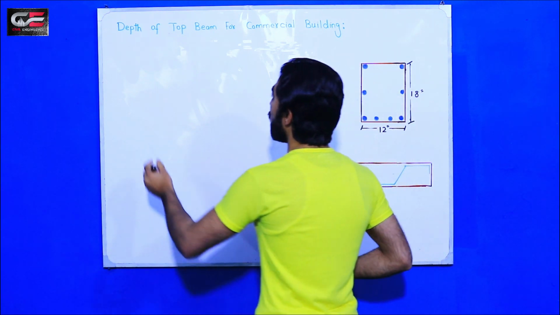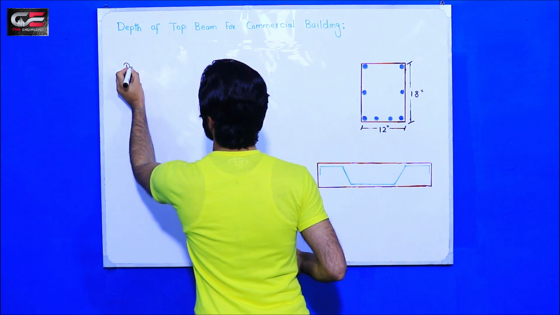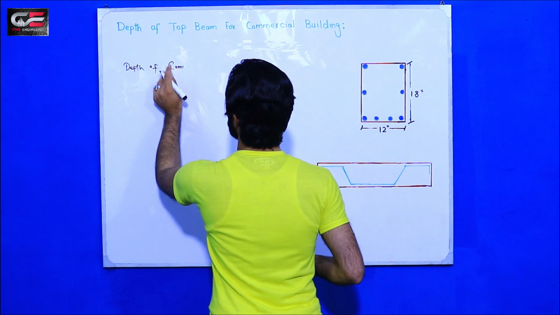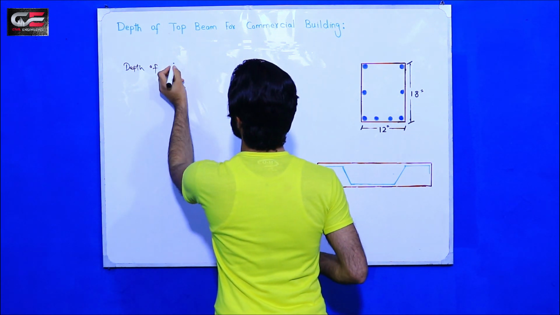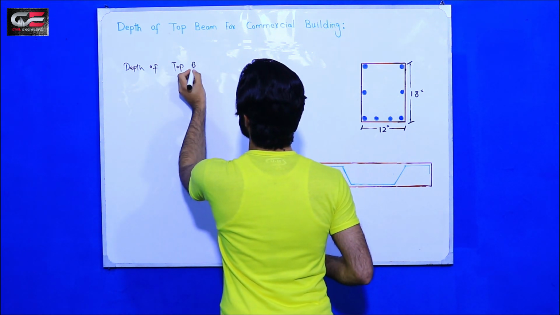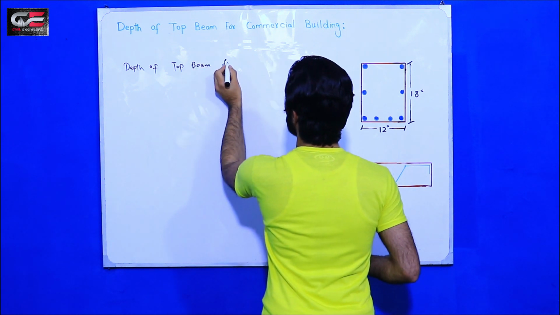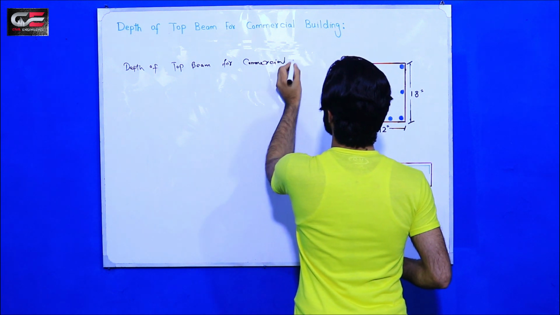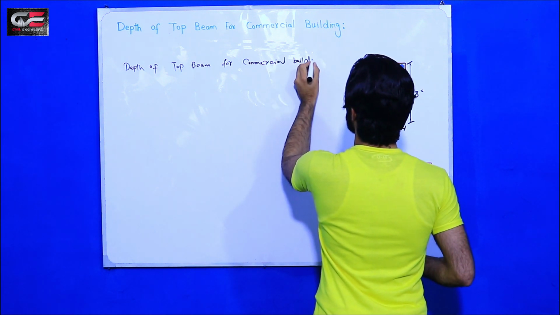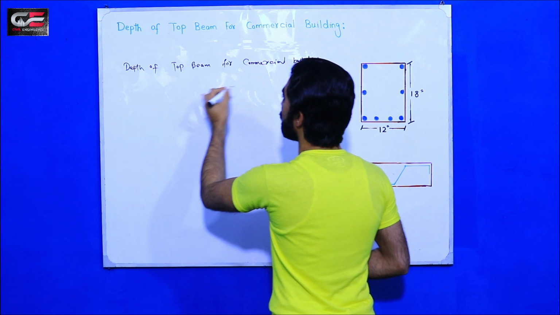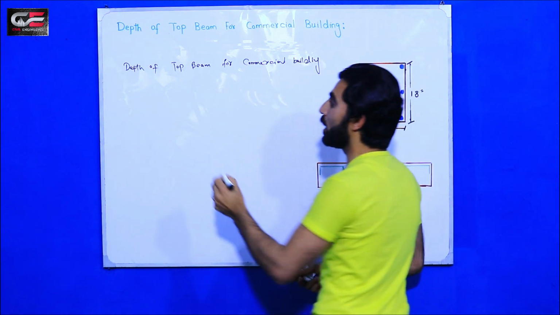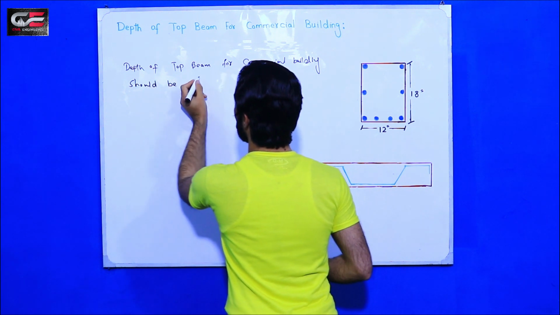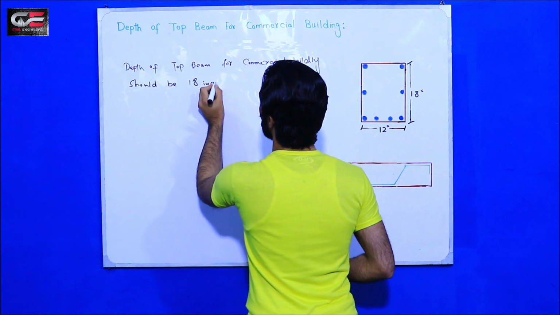Okay, so depth of top beam for commercial building should be 18 inches.